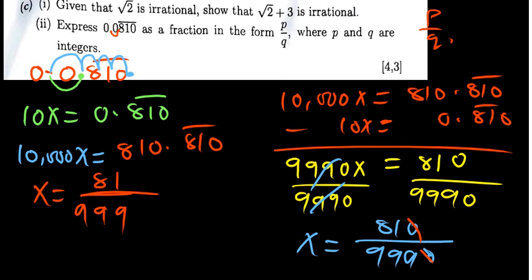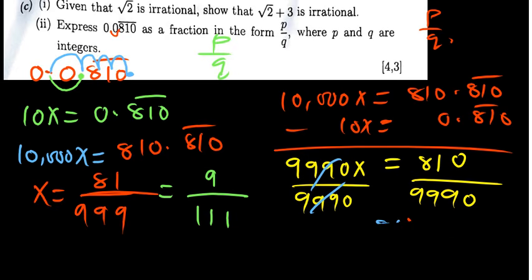But again, there is a number which can go. Remember, it has to be expressed in the form p over q, where these two have got no common factor. So if I leave it here, this is wrong, because there's a number which can go into 81 and into 999. 9 can go into 81 nine times, and 9 into 999 is 111. As simple as that. Again, is there any number which can go into 9 and 111?